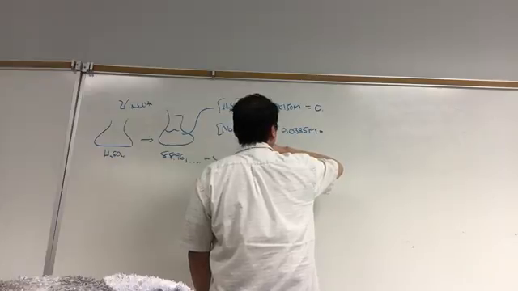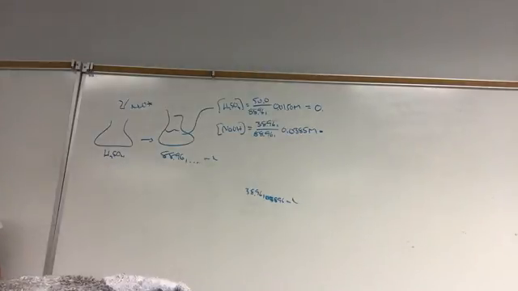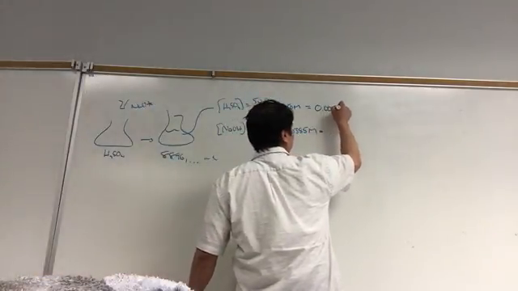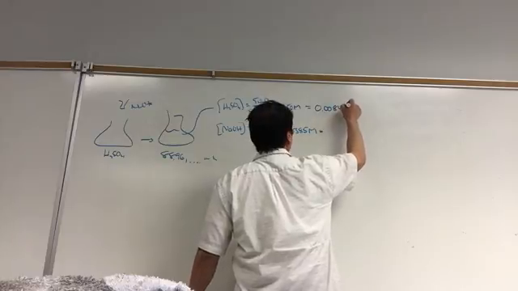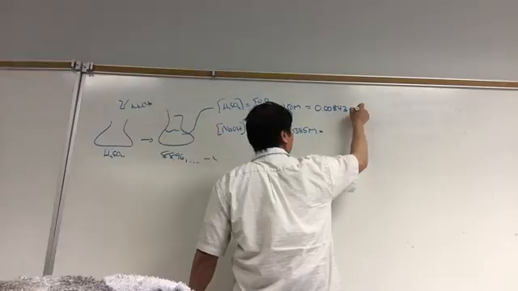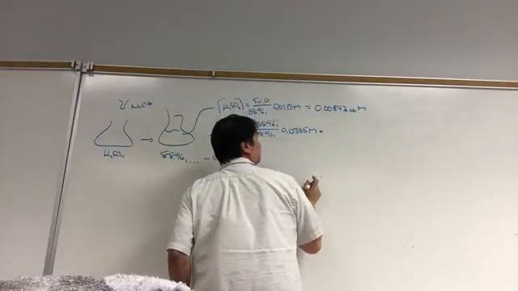Oh, I didn't multiply it by 0.0150. Sorry. 0.0084. Give me one more digit. 0.00843 06.